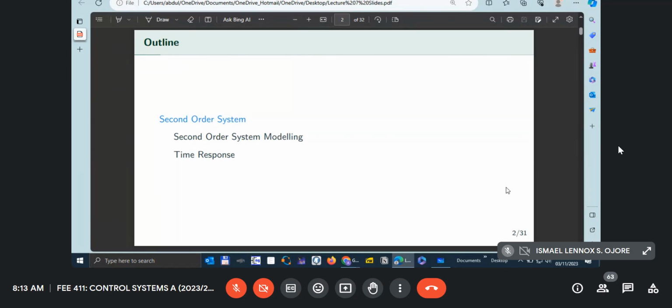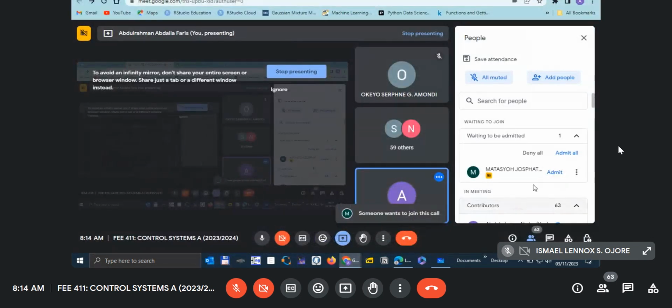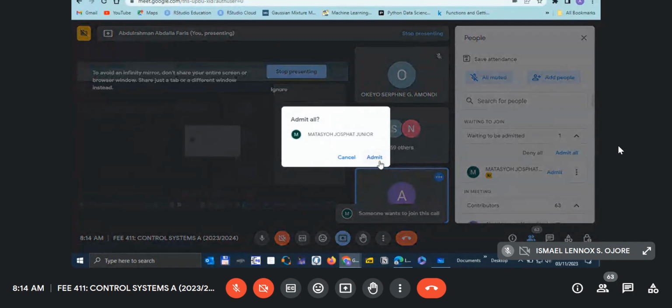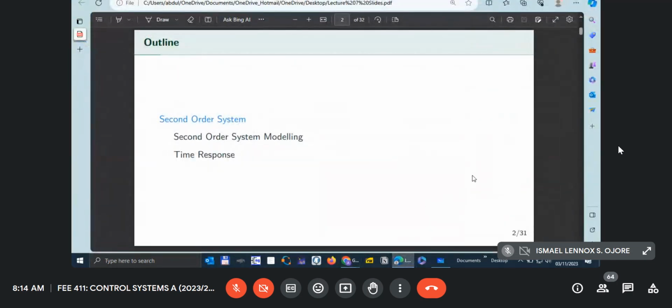Because all higher order systems can be reduced to a second order system. If you have a third or fourth order system, which is not in the scope of this course, higher order systems are reduced back to second order so that they can be analyzed. So it's very important that we study second order systems.